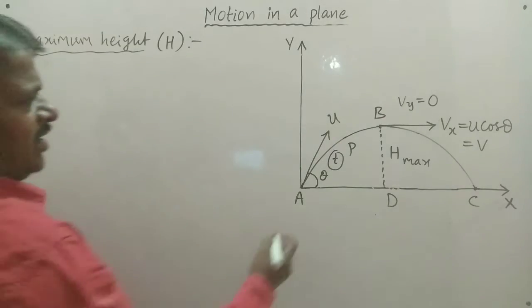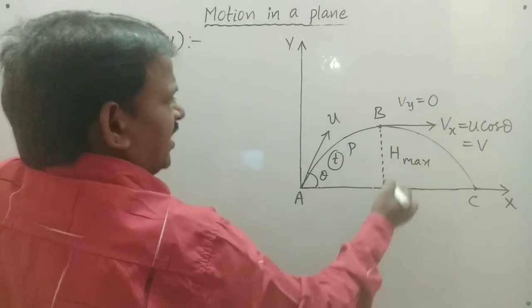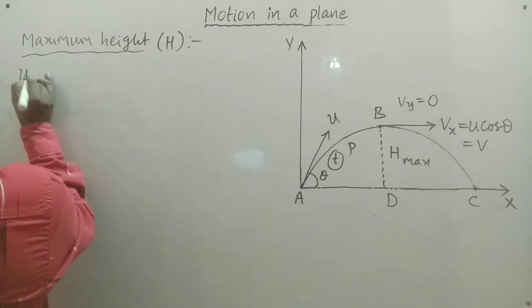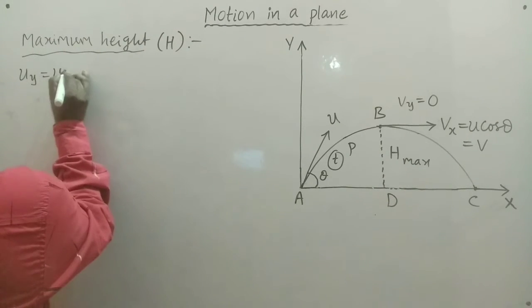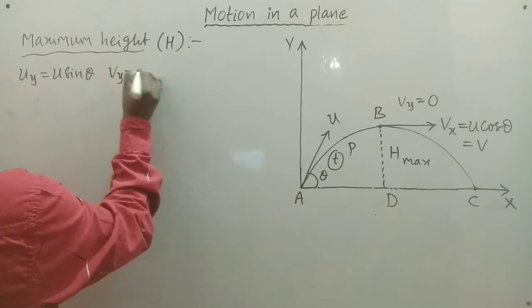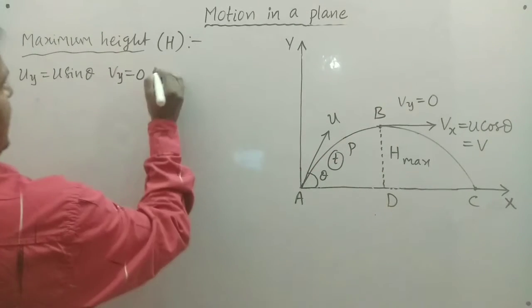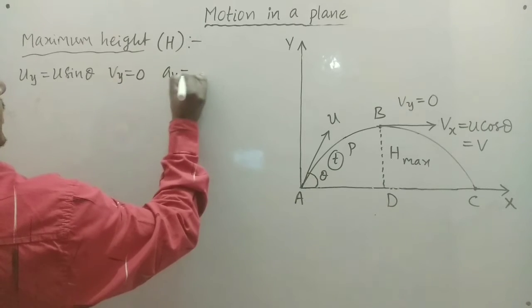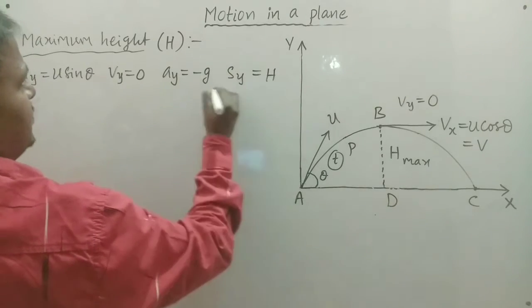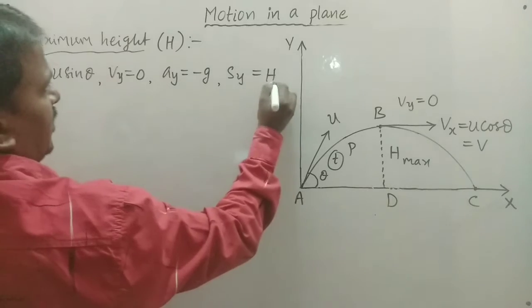Here we are finding vertical displacement, that is maximum height. Uy is equal to u sin theta, Vy is 0 at B, Ay is minus g, Sy is equal to H maximum, right?